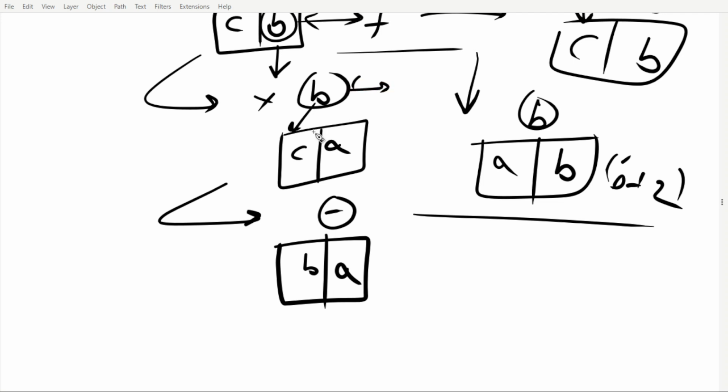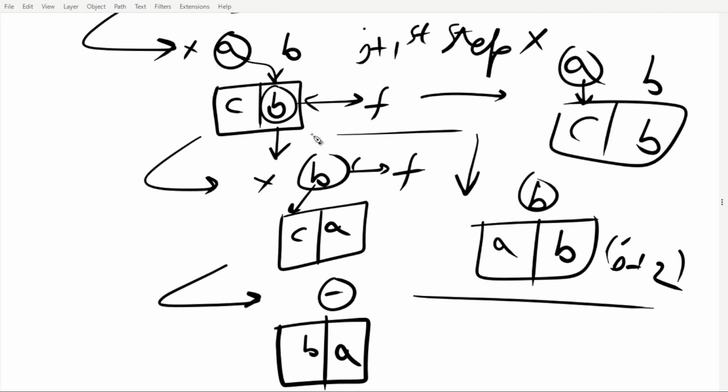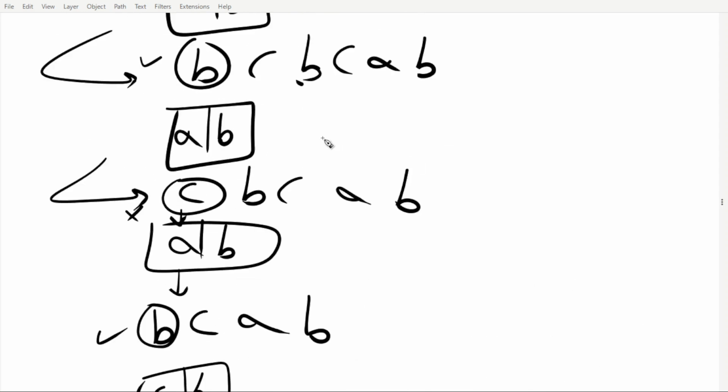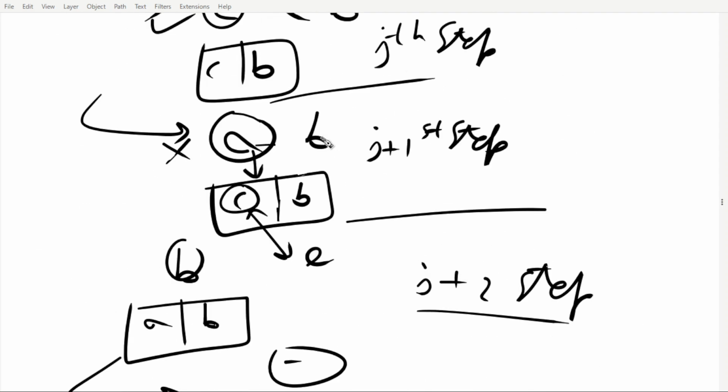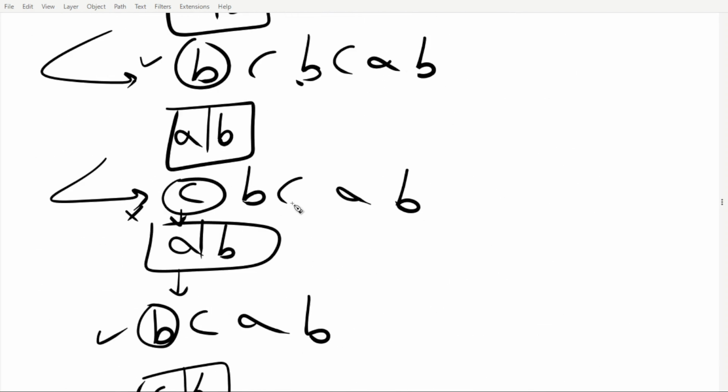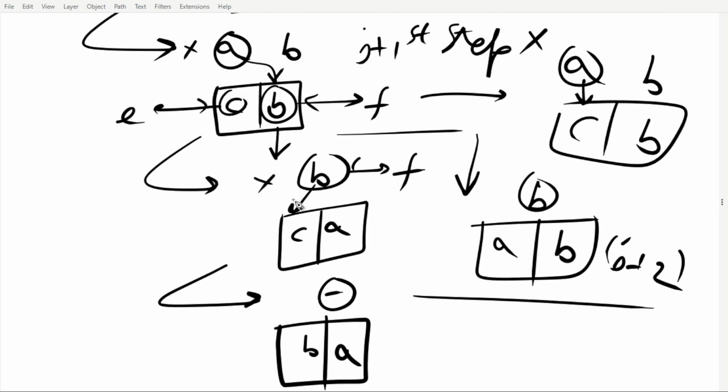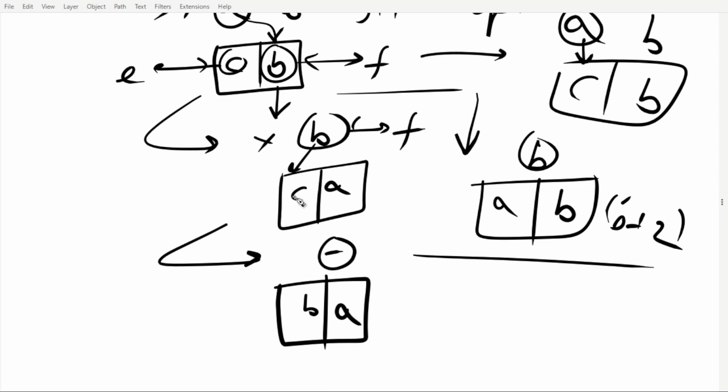So next is request to F, and S evicts E. So this C is actually E. If we consider here, C is E. So our algorithm S is evicting E. E is evicted.